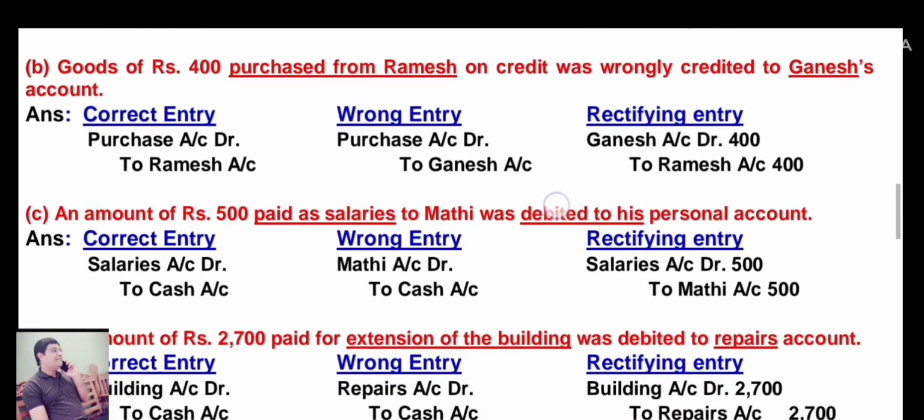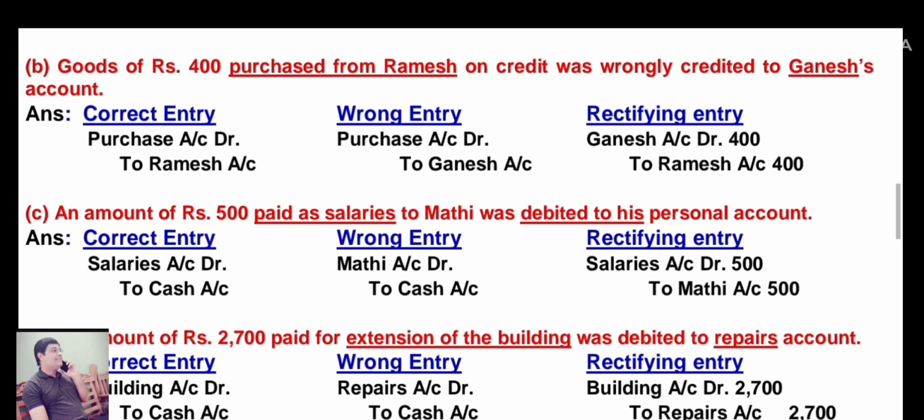Goods rupees 400 purchased from Ramesh on credit was wrongly credited to Ganesh account. So what do we have to do? The purchase is from Ramesh.